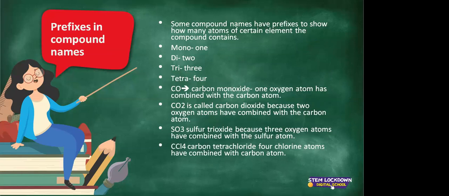Tri means 3. Then carbon tetrachloride: 4 chlorine atoms have combined with a carbon atom, and they form carbon tetrachloride. That means it's 4. Tetra, 4; tri, 3; di, 2; mono, 1.